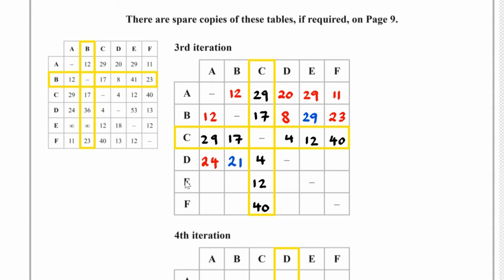So we change to 21. And then we compare 4 plus 12 with the 53. We see 4 plus 12 is smaller, so we put the 16 here.